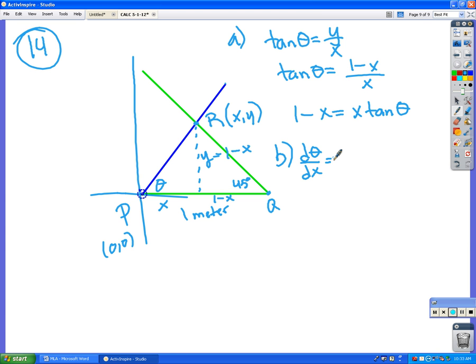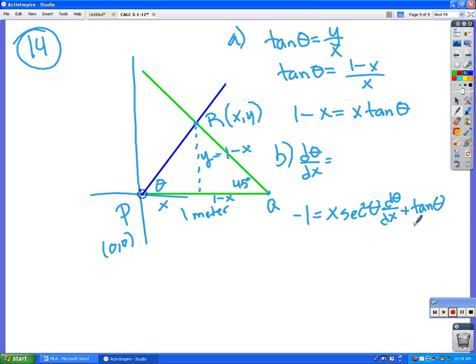The derivative of negative x is -1. Then I need to do the product rule here. So the first one times the derivative of the second one. What's the derivative of tangent of theta? Secant squared theta, and then I need the d theta dx there because I'm going chain rule, plus the second one, which is the tangent of theta, times the derivative of the first, which is just 1, and that would be dx, which nobody cares about, so we'll just leave that alone.